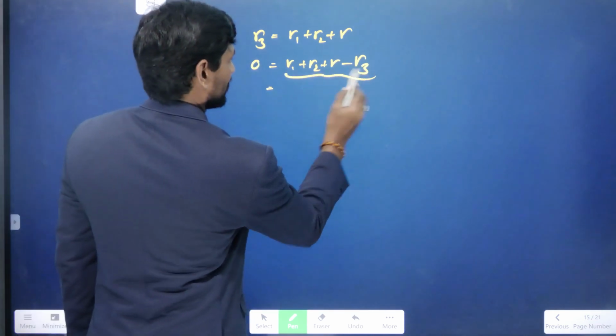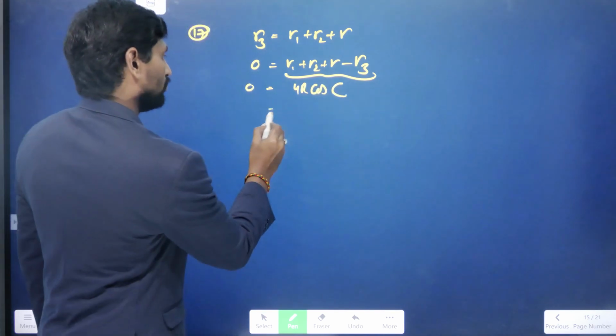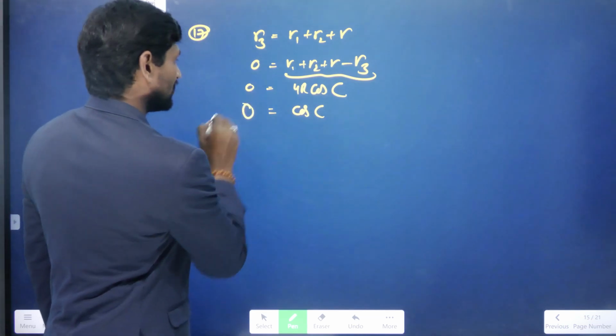So in the place of this I can write 4R cos C. So 4R is multiplying this side, when you transpose this side divides, 0 by anything is 0.